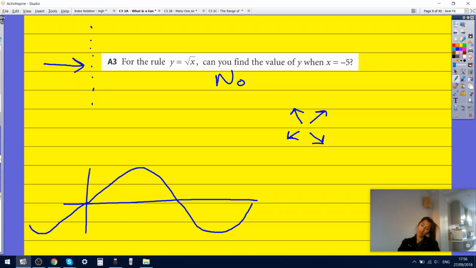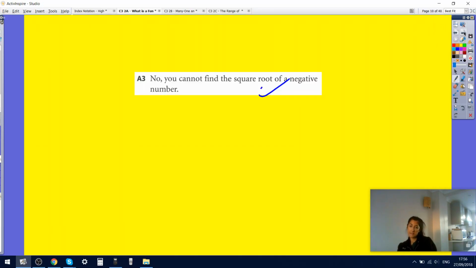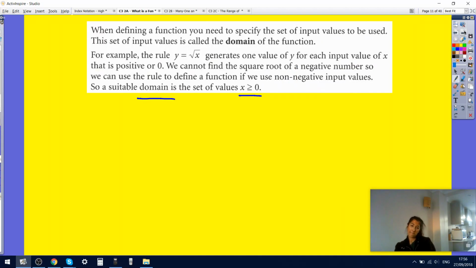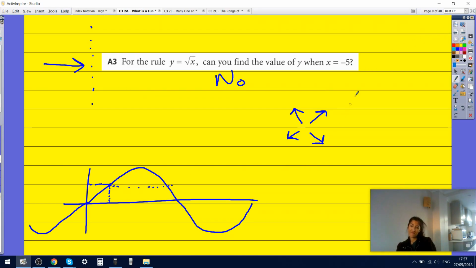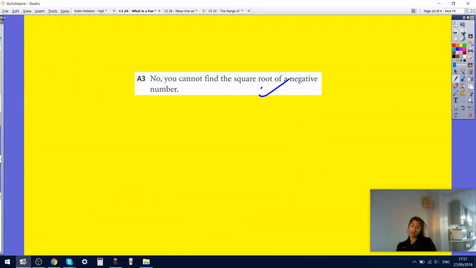The way you turn sine x into a function is you limit its domain. That's why they said this function sine x is between minus pi and plus pi. It's to create a function. If it's not a function, you can cut it so that it starts from here and stops there.